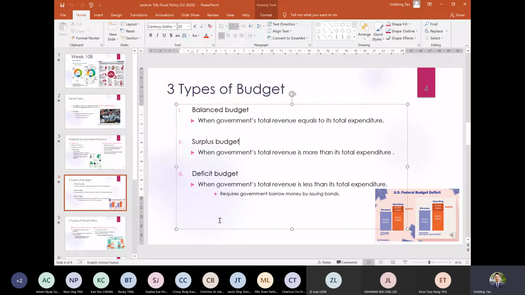If the country continues practicing the deficit budget, then the country may not be able to clear the bad debt and may have a bankruptcy issue. We have some countries having bankruptcy issues, like Greece and also Iceland.